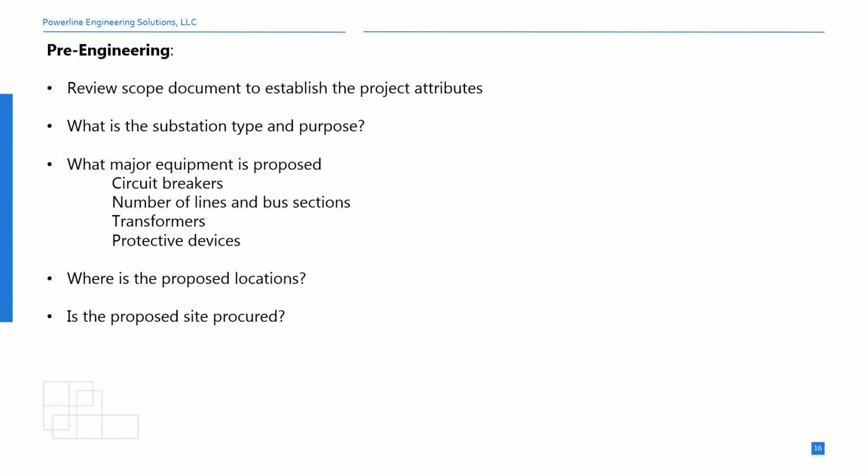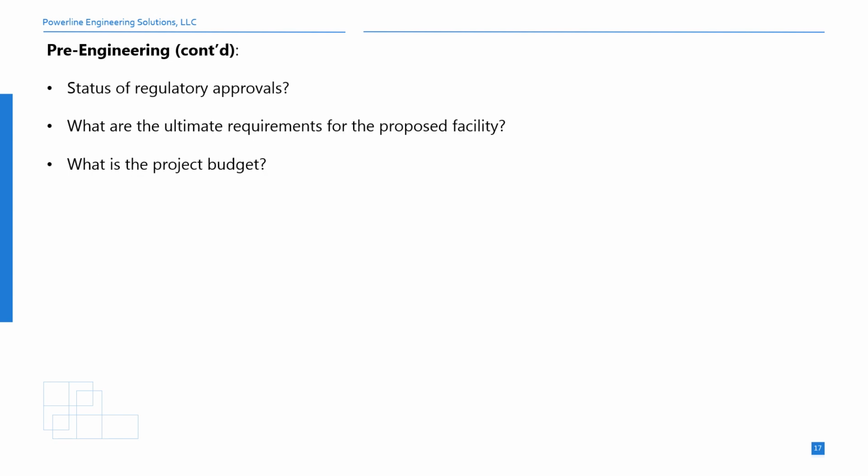This includes the type and purpose of the substation, the major equipment being proposed, such as transformers, circuit breakers, number of lines and bus sections, protective devices, as well as the proposed site locations, and the status of procurement of the site. Additionally, we need to consider all the regulatory approvals and their statuses, ultimate requirements for the proposed facility, such as future expansions, and most importantly, the project budget.